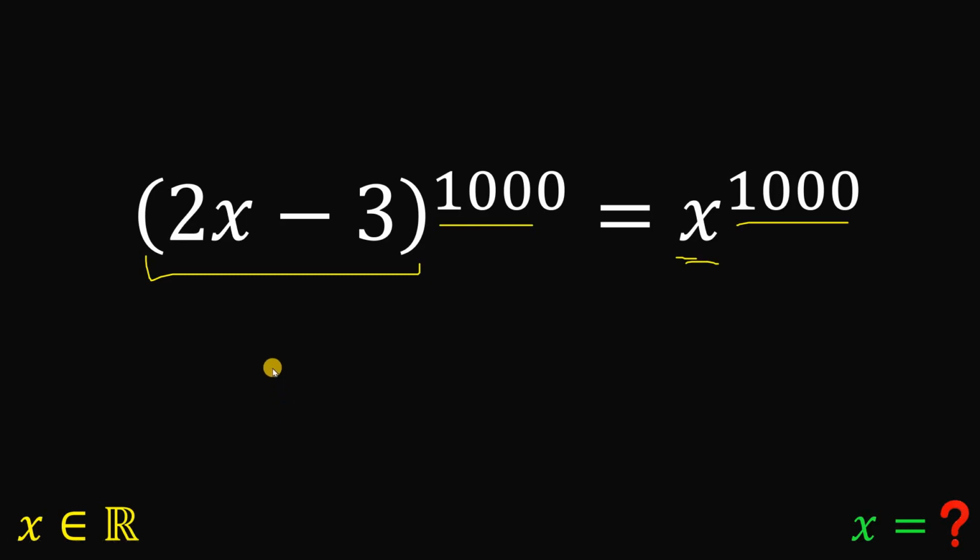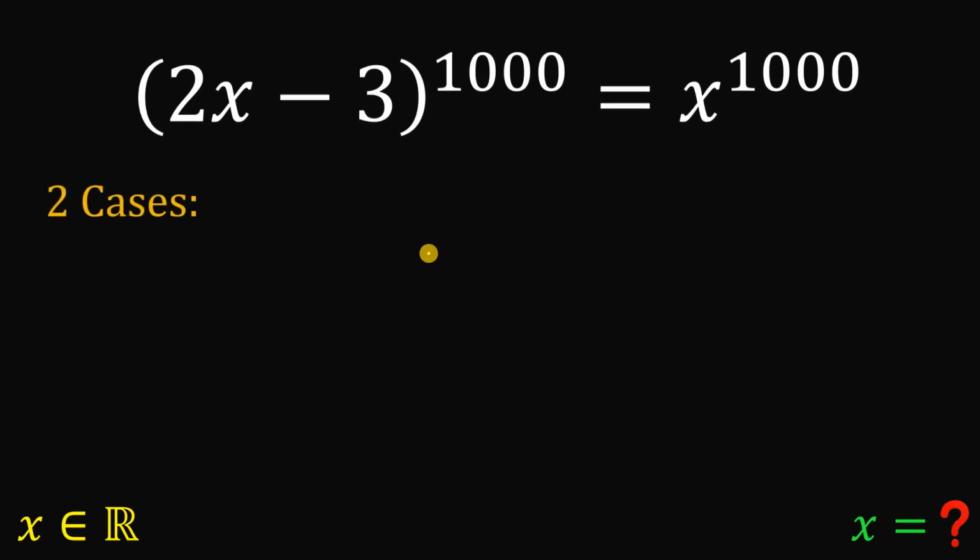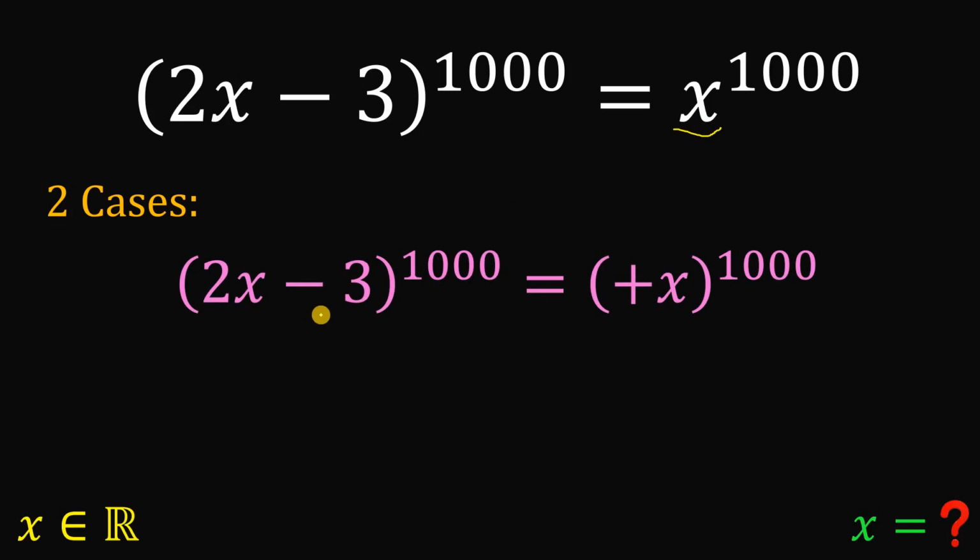In this kind of question, we have two cases, because this x we can replace with positive or negative. So our equation can be (2x − 3)^1000 = positive x^1000.